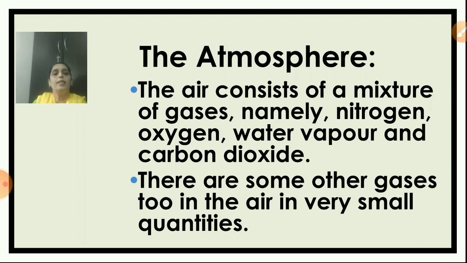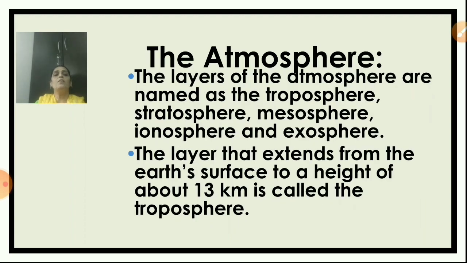Now the next. The layers of the atmosphere are named the troposphere, stratosphere, mesosphere, ionosphere and exosphere. The layer that extends from the Earth's surface to a height of about 13 km is called the troposphere.